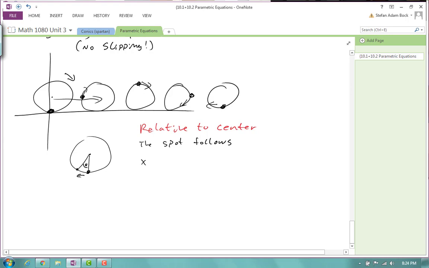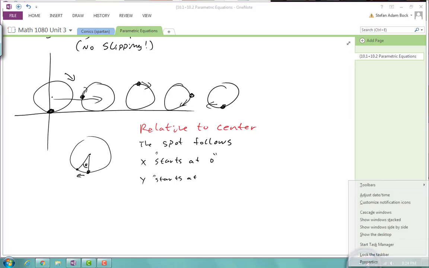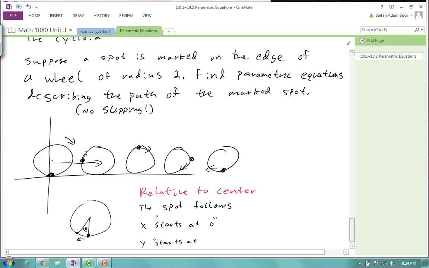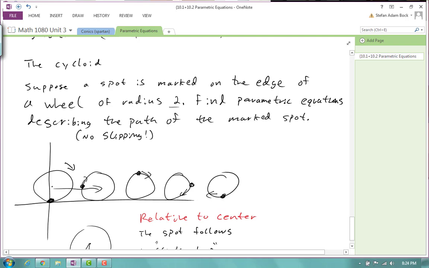So let's see. The x starts at 0 relative to the center. The y starts at, let's see, what's my radius? I didn't label my picture. Radius 2.